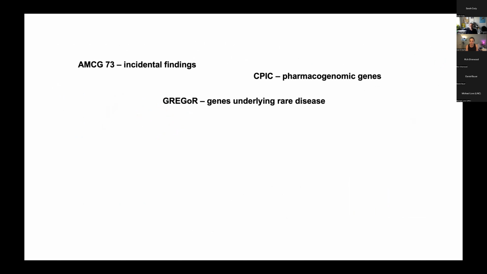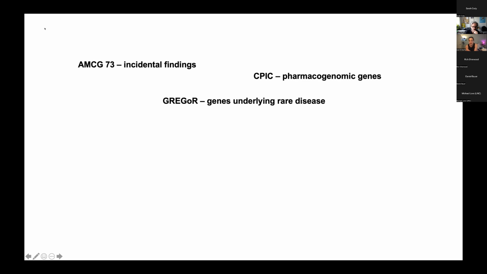So the ACMG73, the American College of Medical Genetics, has identified 73 genes for which incidental findings, so if you did a whole exome on somebody and found a variant in any of these genes, you would return a pathogenic variant to the participant or patient, because a clinician could do something to ameliorate the risk of that variant on disease. We also take nominations from the GREGoR Consortium to provide evidence for new genes and new variants that might underlie Mendelian disease in families.